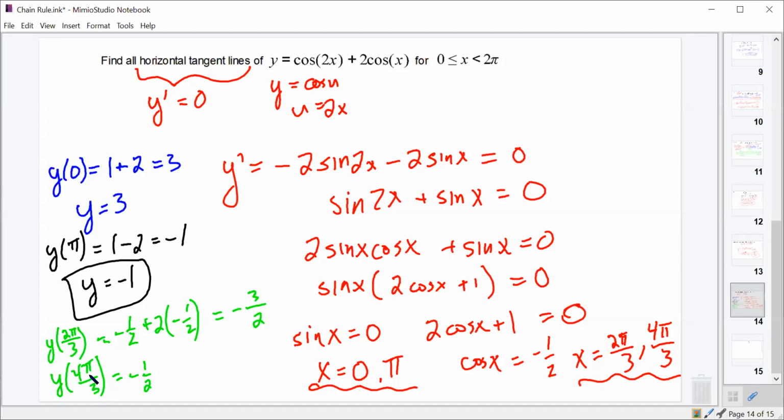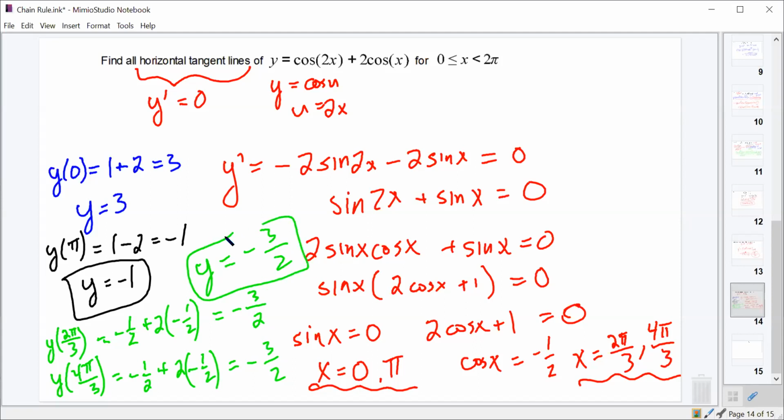So 8 pi over 3 is the same angle as 2 pi over 3 effectively. So the cosine of 2 pi over 3 is negative 1/2. And then plus 2 times the cosine of 4 pi over 3, which we still know is negative 1/2, gives us negative 3/2 again. So we got 2 instances of y equals negative 3/2, and then we got y equals negative 1, and we got y equals 3.